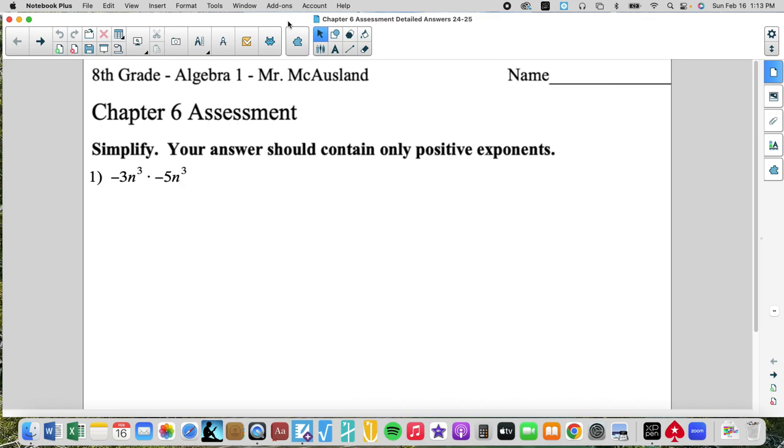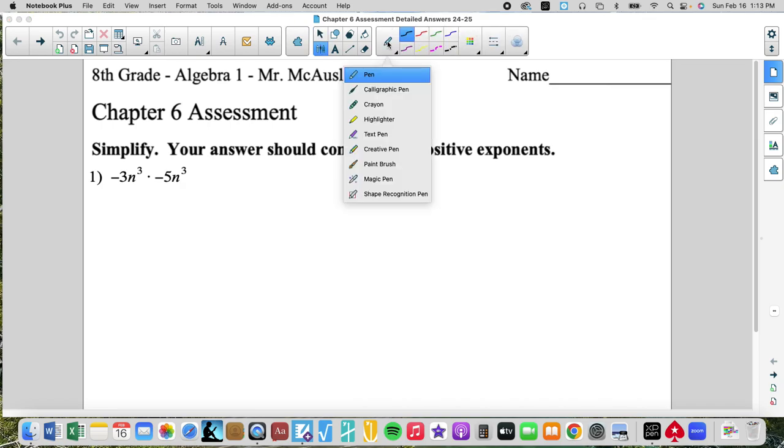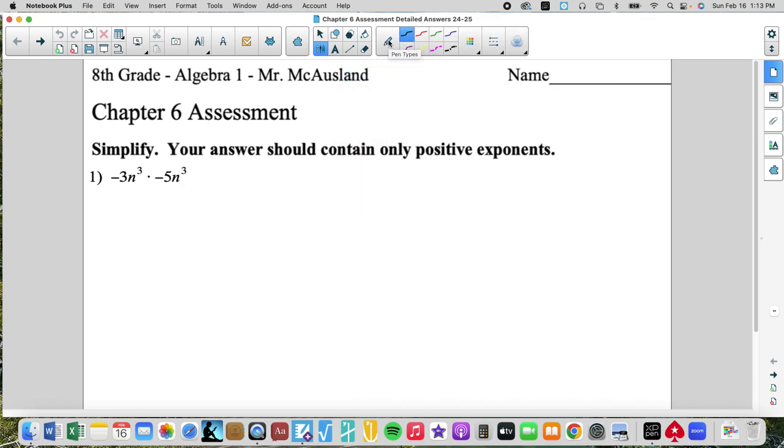When we multiply two terms, we are going to focus on their coefficients and their like bases. Remember, we can look at this as just a bunch of multiplications.